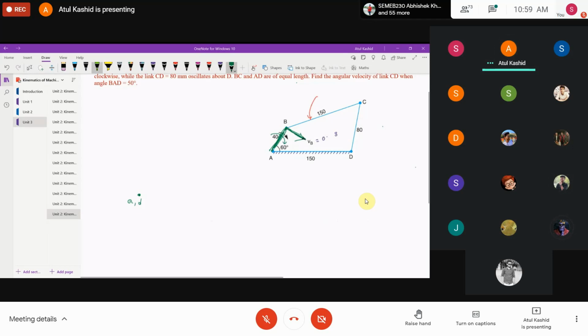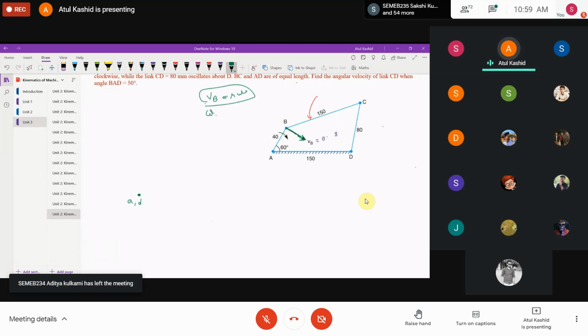So for link AB, I know the magnitude as well as direction, because initially we have calculated the velocity of B by using R omega, right? So by this we have calculated the magnitude for the link AB. So initially we know the angular velocity as well as the linear velocity for the link AB.